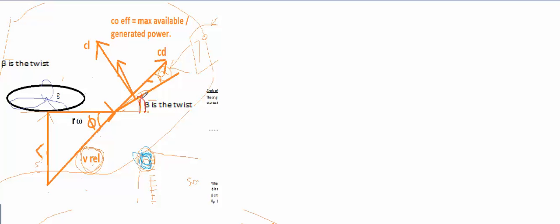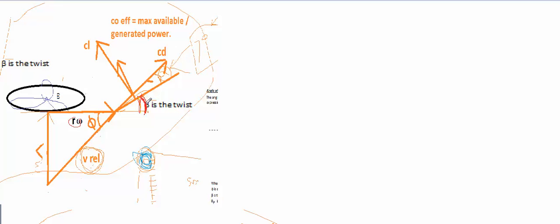Why is it big? Because phi is big and we want alpha to be 7 degrees no matter what, because that is the best alpha at which we can get the best lift to drag ratio. So when the radius is small, you can see the twist is big. Say this should be around 45 degrees, say for example 50 degrees maybe, or 40 degrees, somewhere around.